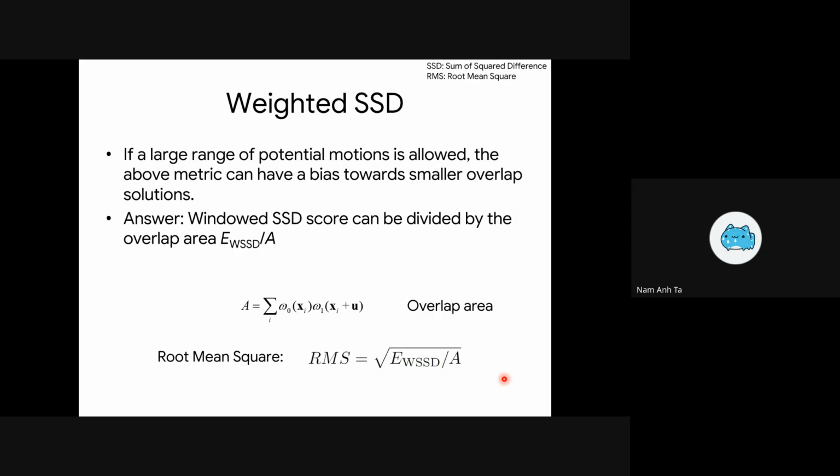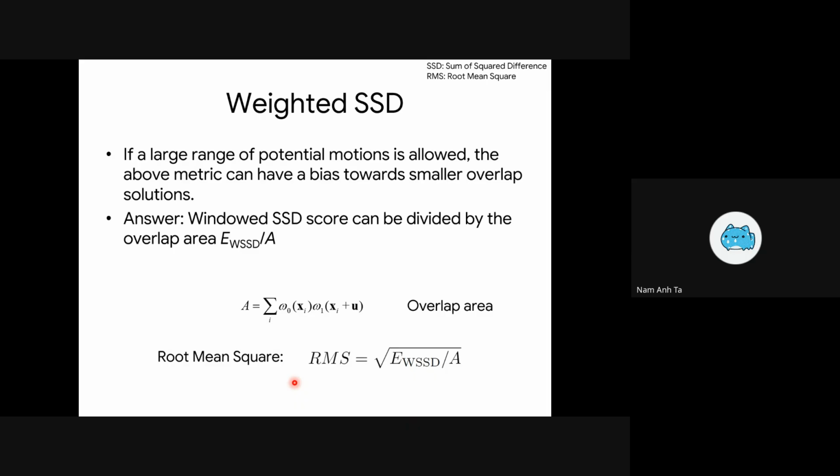Okay, so a common issue in template matching is the bias from the overlaps. If only a few pixels overlap, the total error might look small even if the match is wrong. To fix this, we need to normalize the error by the overlap area A. By calculating the RMS error, or the root mean square error, we can get the average penalty per pixel.